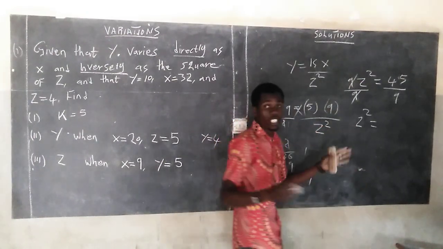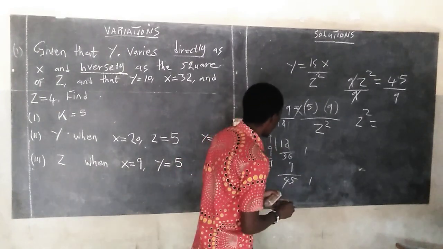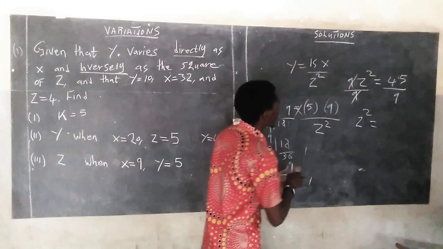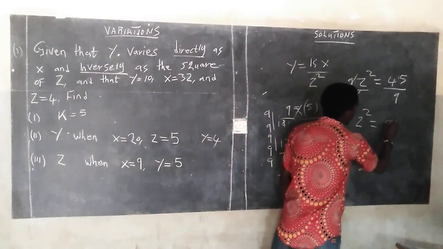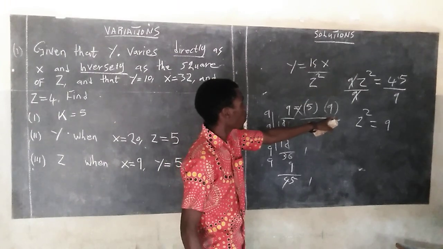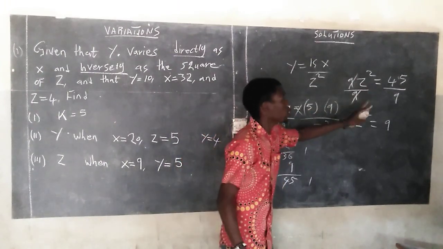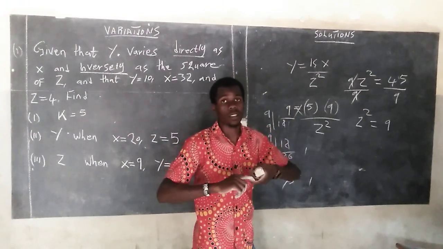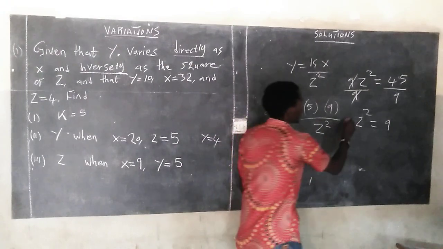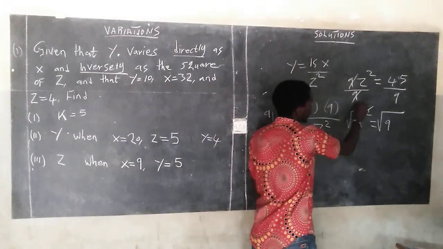Let's just try and compare. Yes, 9. So now since we are finding the value of z squared, for us to cancel this squared, we are going to introduce a square root on both sides, such that this and this will go.